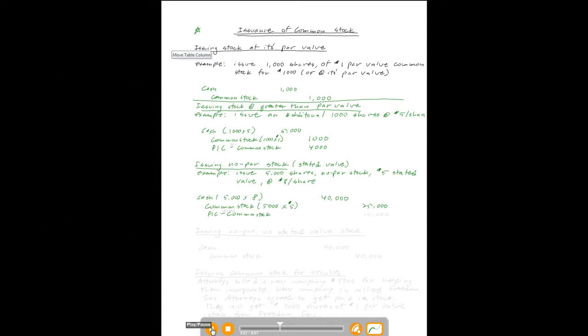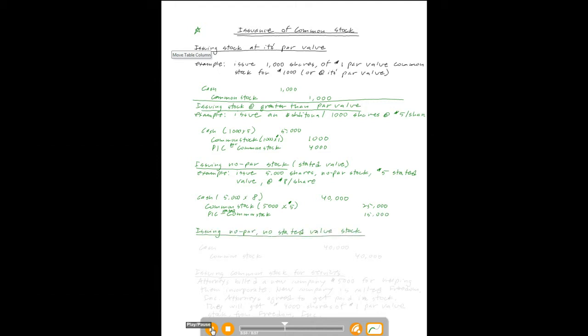And what I should have written up here, it's just that there's such a long account title, is paid in capital in excess of par value, and here it's paid in capital in excess of stated value. And when you look in your text, you can see that's what they're writing. But the important thing is that it goes into the paid in capital account.